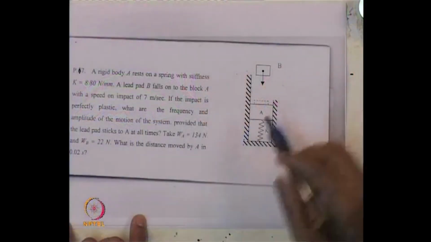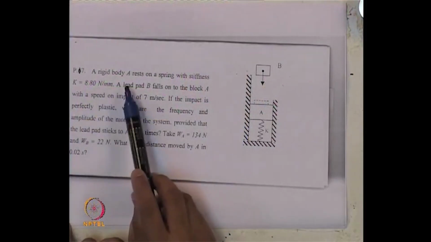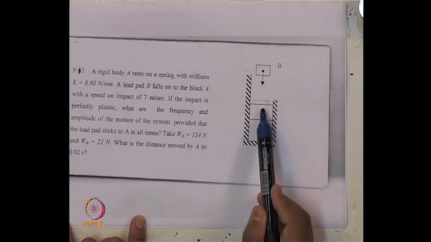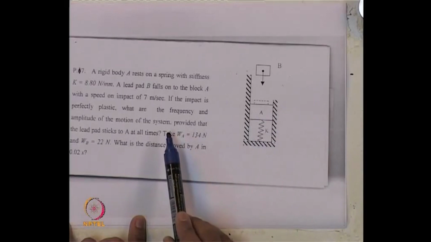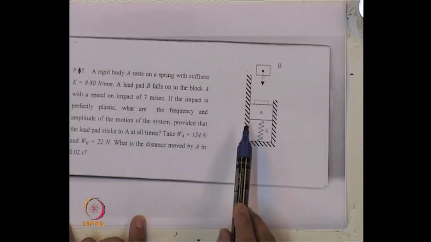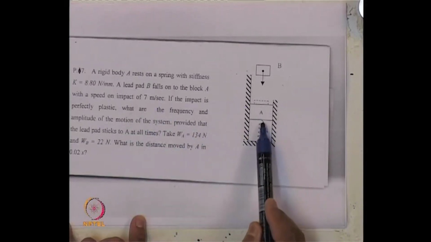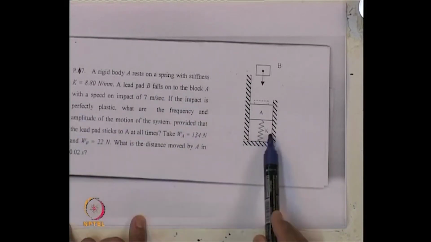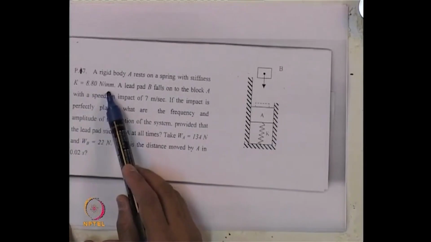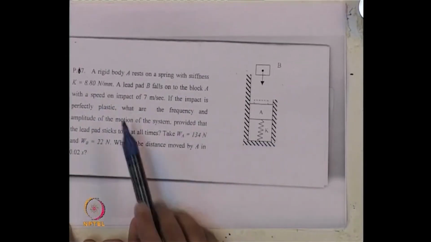Now, for the next problem number 7, here is the picture. It shows a rigid body A, which rests on a spring with a stiffness K value of 8.8 Newton per millimeter.